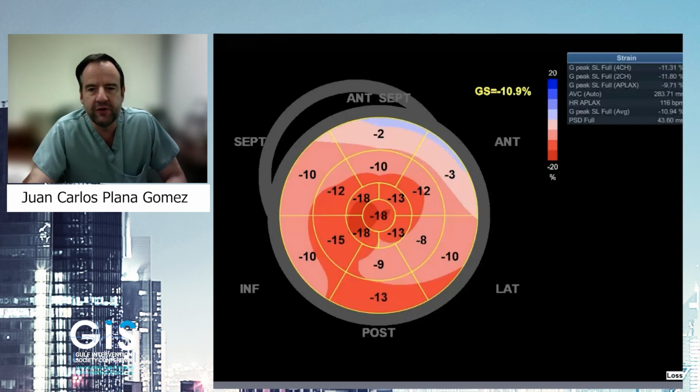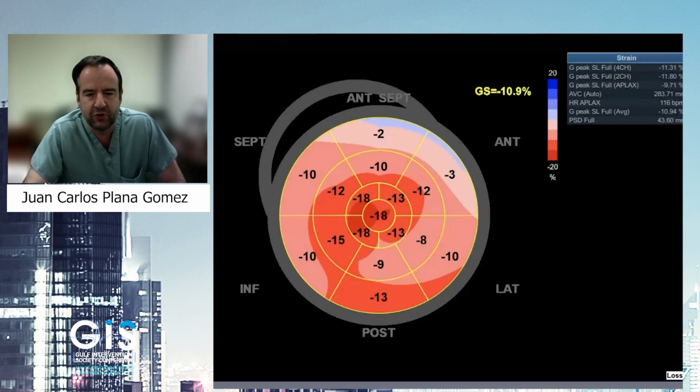You take a look over here at the global longitudinal strain, and in this case, you have the bullseye. It's supposed to be all red, and it's supposed to be all more negative than minus 18. And you see some areas where the global longitudinal strain is very abnormal, minus 2, minus 3, minus 8 at certain segments. So you realize that despite the fact that this is a young patient, this is a ventricle that is suffering.